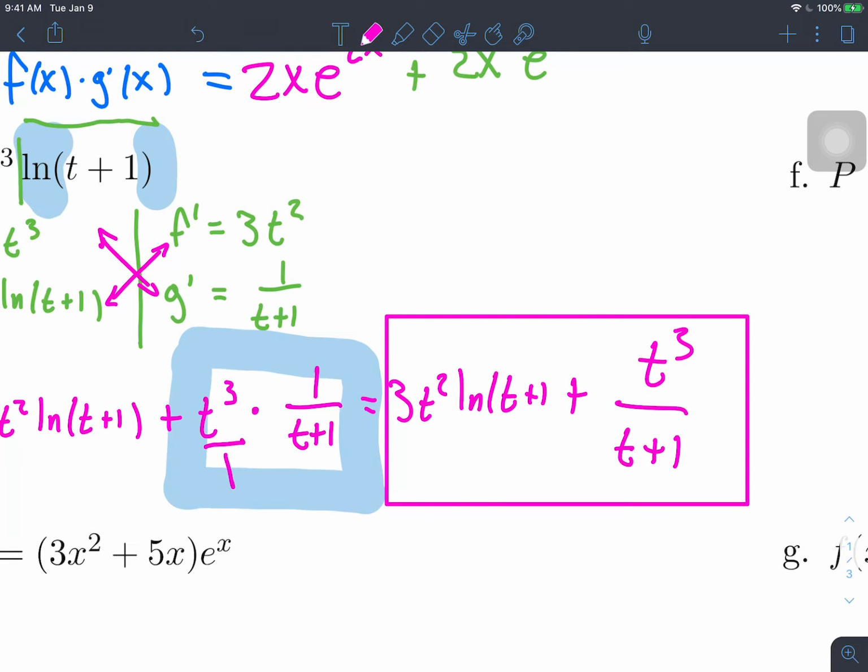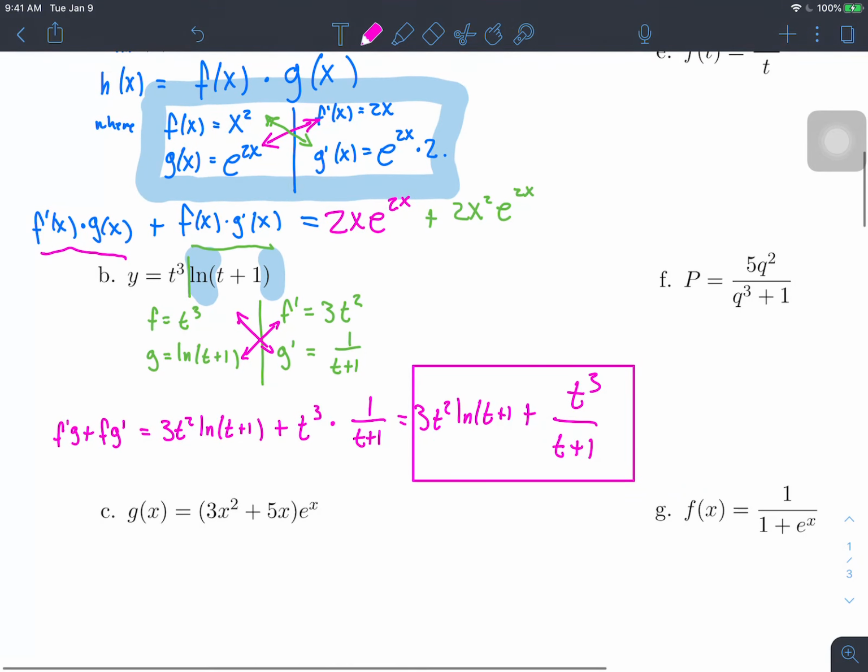And then if I want to multiply fractions, I just multiply straight across. So t cubed times 1 got me t cubed, and then multiplying 1 times t plus 1 got me t plus 1. Thank you for asking. So yeah, I simplified that. That's all I did.